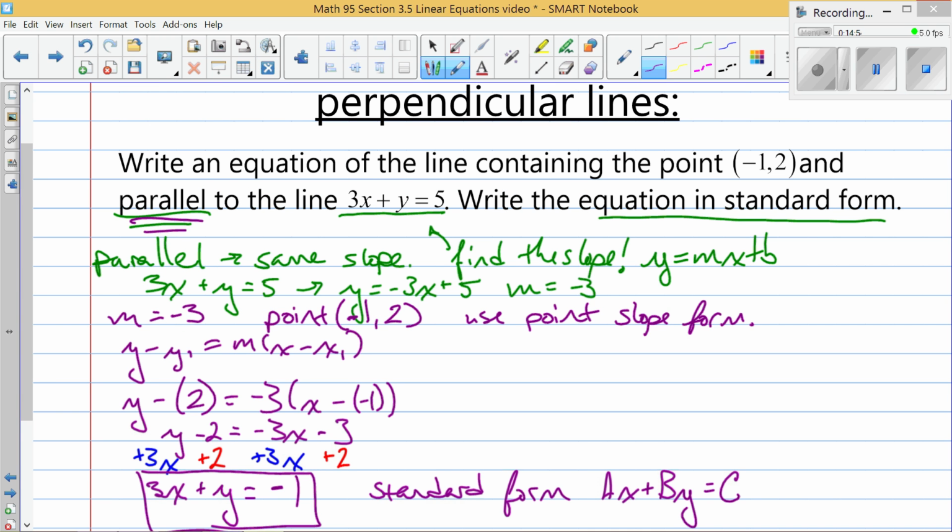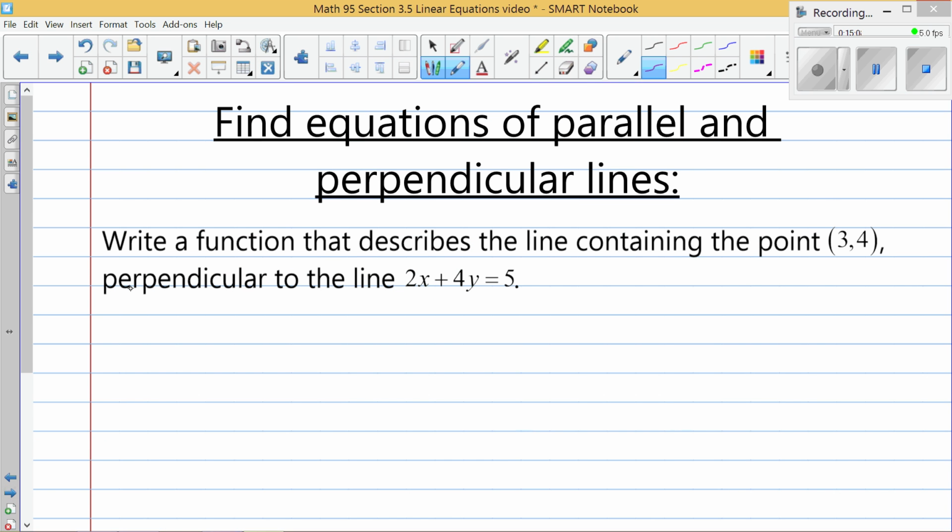I could also do this if I wanted to find the equation of a line containing a point perpendicular to another line. So we will do that on the next slide, if I planned this correctly. Perpendicular, all right, keyword, that's the one we're going for. It asks for a function, which means we want this in f of x equals mx plus b, so that's our function notation.